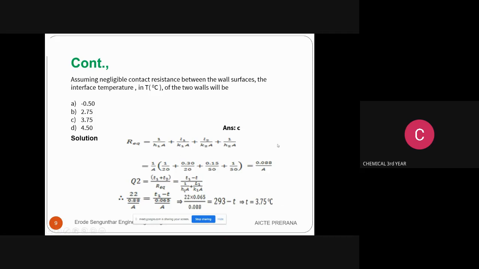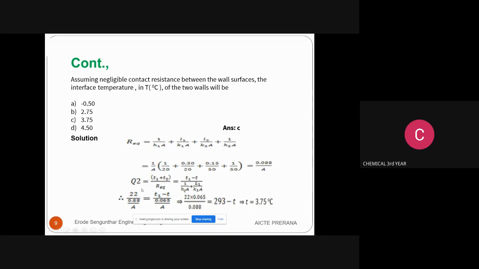In all the terms, the cross-sectional area A for heat transfer is the same, so we take 1 by A outside as a common value. The remaining terms are 1 divided by h1 plus L1 divided by K1 plus L2 divided by K2 plus 1 divided by h2. From the given data, we substitute h1 as 20, L1 as 0.30, K1 as 20, L2 as 0.15, K2 as 50, and h2 as 50. Solving, we get 0.088 divided by A.